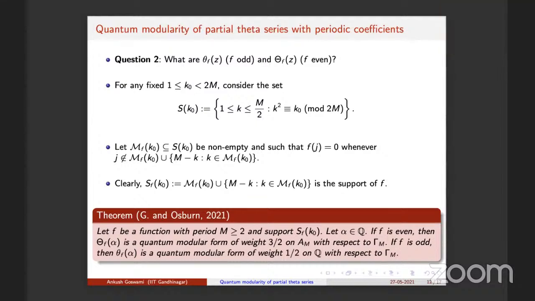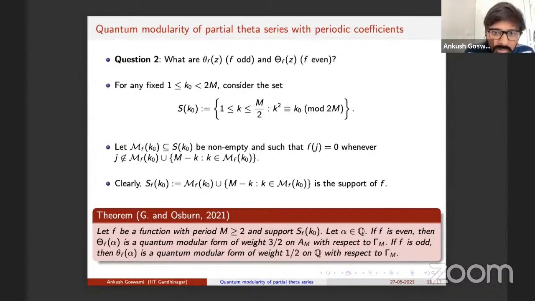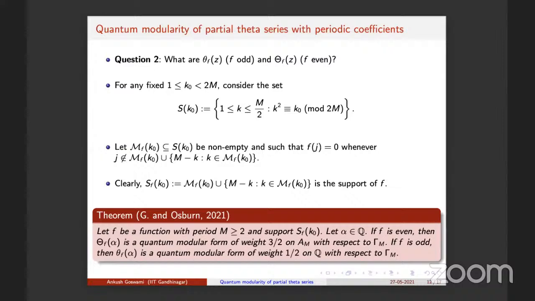Okay. Thank you. And another question, maybe the inverse problem of this talk. Can you say every quantum modular form can be written in the form of partial theta series with periodic coefficients?